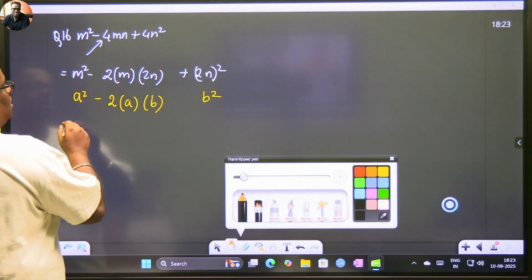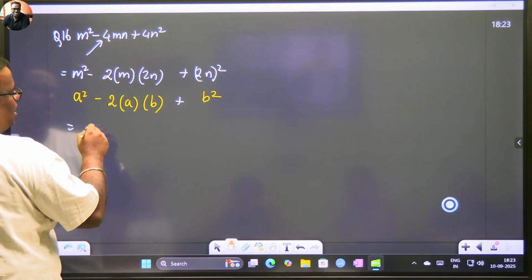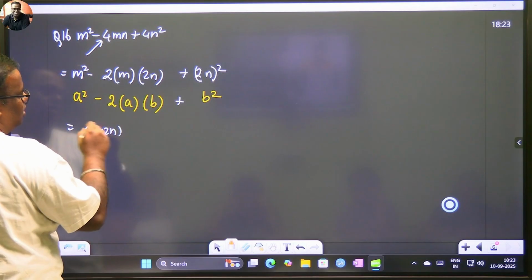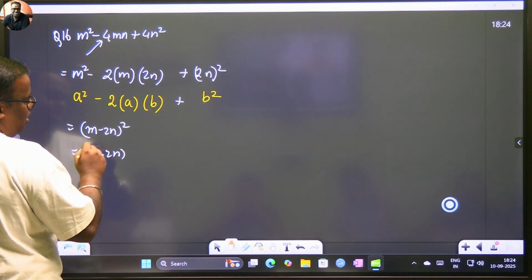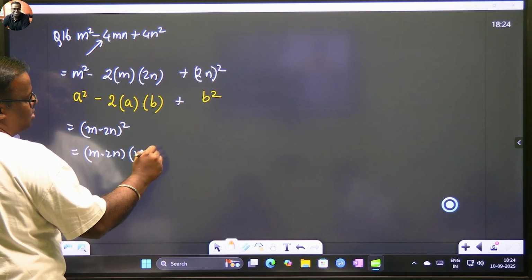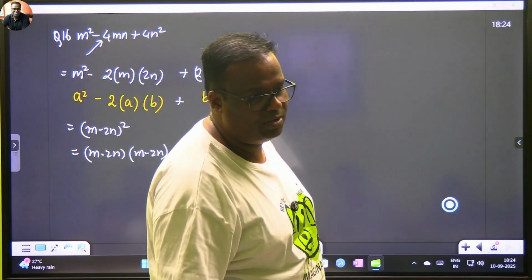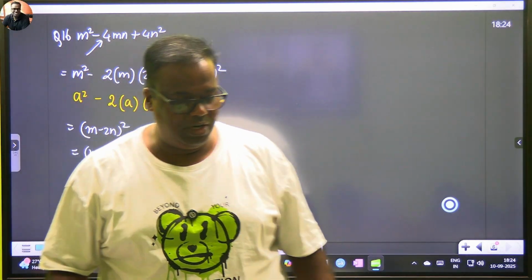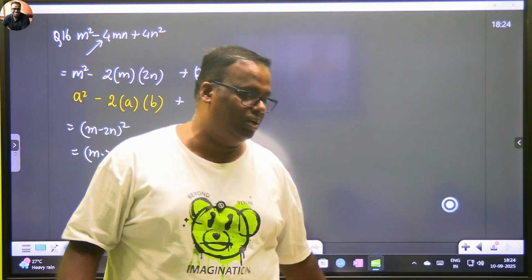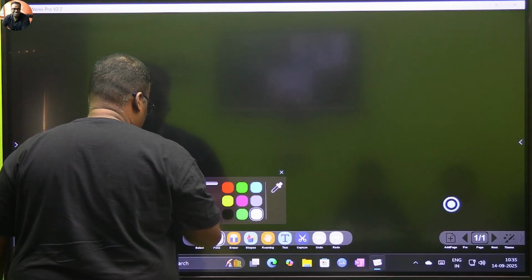Our answer should be what? a minus b whole square. m minus 2n whole square, which is equal to m minus 2n into m minus 2n. Now start attempting 7C. You'll get stuck in between. Algebra and factorization, we can only guide you with 1-2 problems. After that, you have to apply your head and keep on doing. Your life will become a bed of thorns.